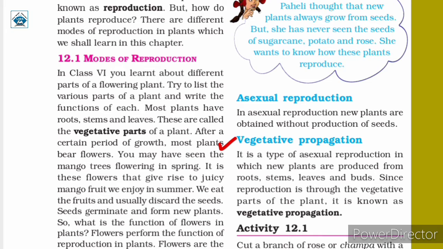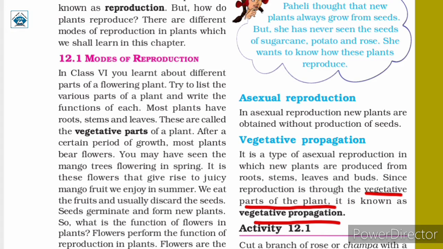Vegetative propagation. It is a type of asexual reproduction in which new plants are produced from roots, stems, leaves, and buds. Since reproduction is through the vegetative parts of the plant, it is known as vegetative propagation. As the name suggests, this type of reproduction takes place with the help of vegetative parts of the plants.